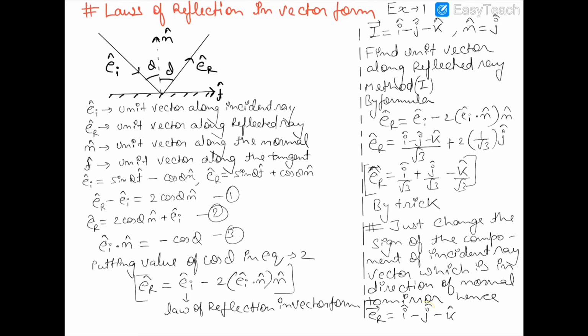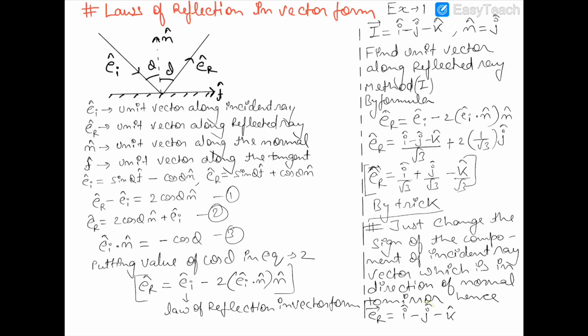Now by a trick I can say that if the normal is one dimensional, you can see that normal is one dimensional, this trick is applicable. I would say that this trick is more suitable to apply when the normal is one dimensional.